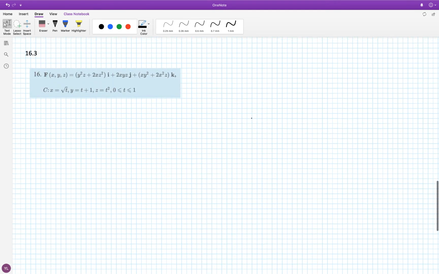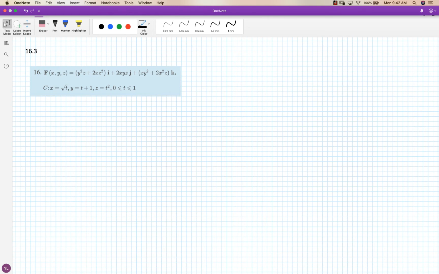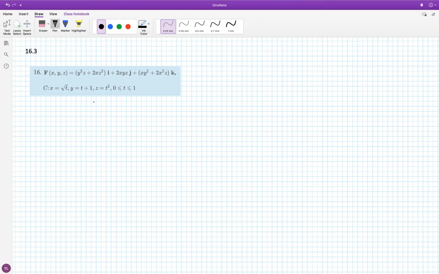Okay, let's move on now to section 16.3, which is about using the fundamental theorem of line integrals. They ask us to use the fact that this is a conservative vector field to compute the line integral of the vector field along the curve.